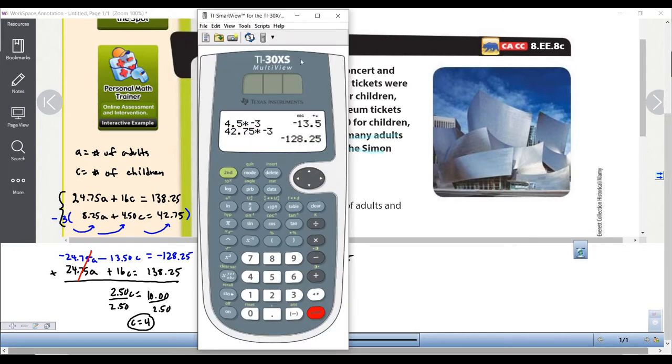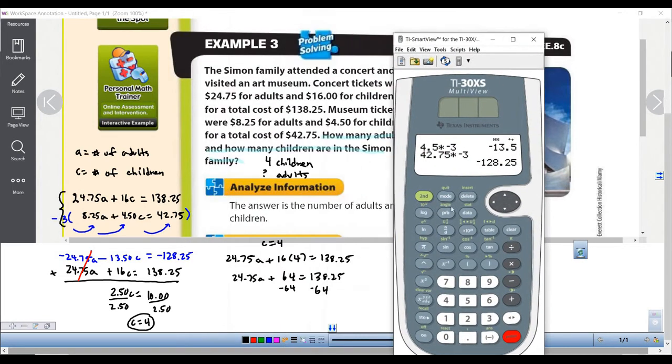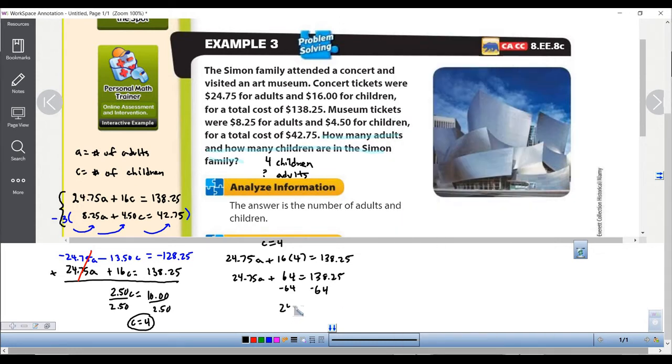All right, so I'm going to go back to my calculator here, and I'm going to do 138.25 minus 64. And when I do that, I get 74.25. So 24.75A, that's important, right?